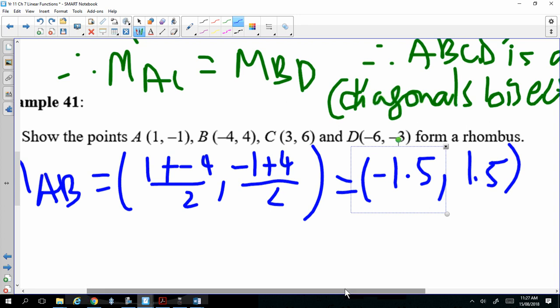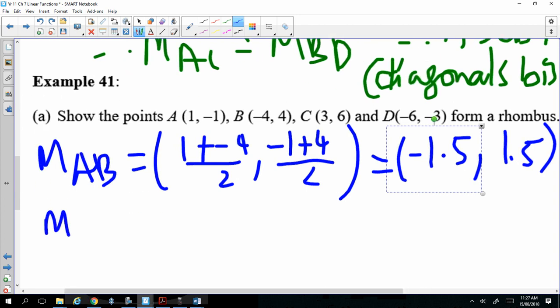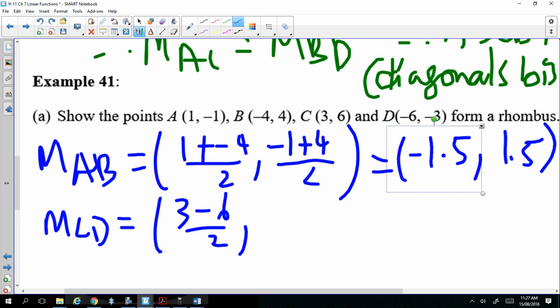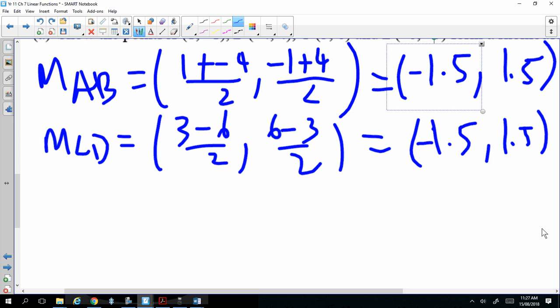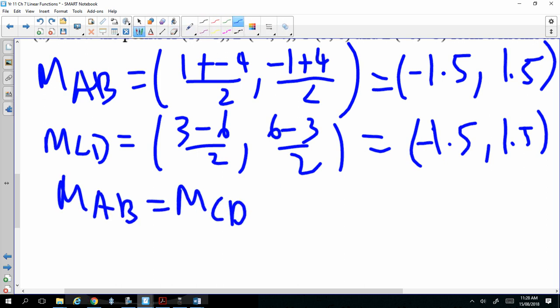So we just proved that midpoint of AB equals midpoint of CD. Therefore, AB and CD bisect each other. Every time you calculate something, write a conclusion so that people can see what you are doing.